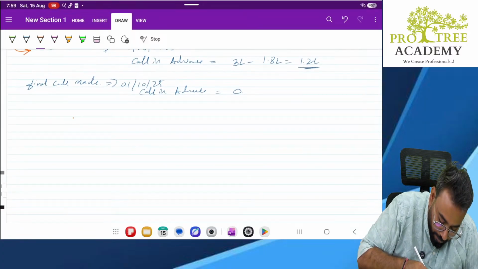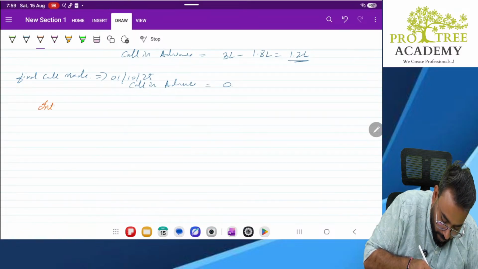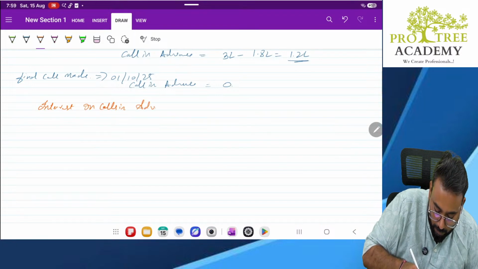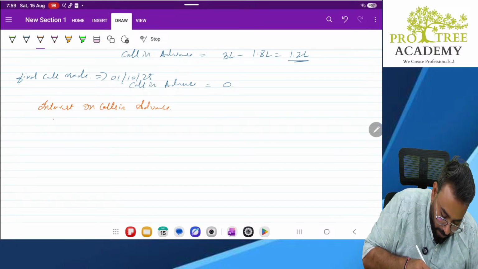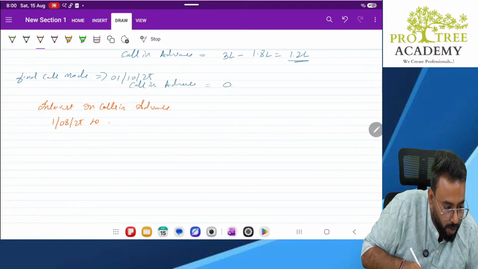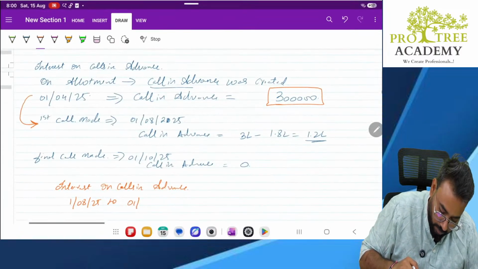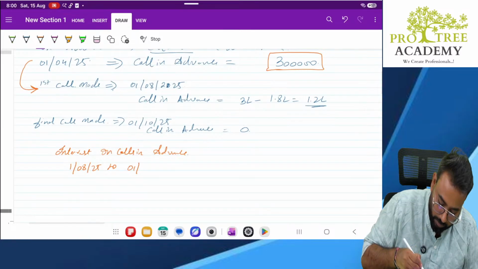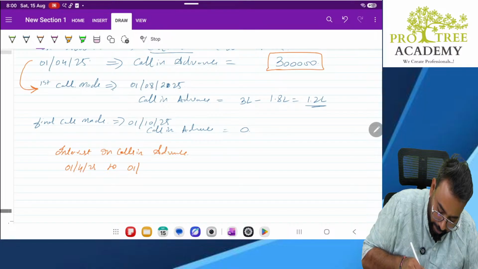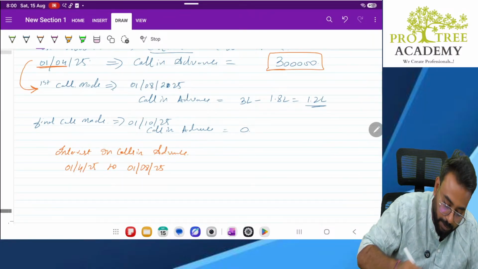So from 1st April 2025 to 1st August 2025, we had a balance of 3 lakh rupees on 1st April.